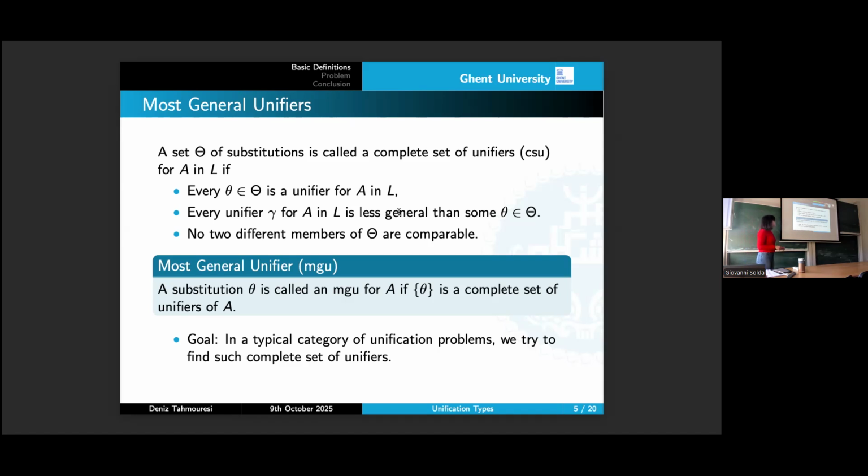When the complete set of unifiers has just one member, we say there is a most general unifier. In a typical category of unification problems, we are looking for this complete set of unifiers. The idea is to solve this and find the cardinality of the complete set of unifiers.